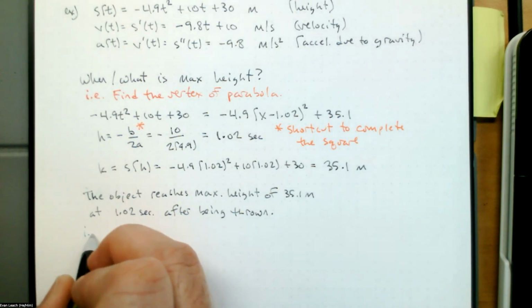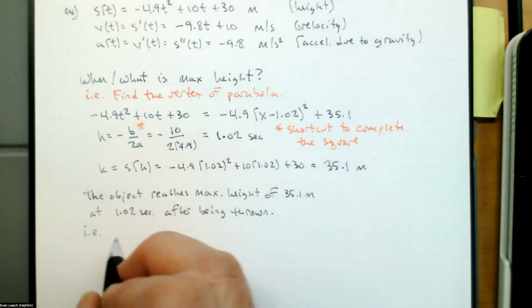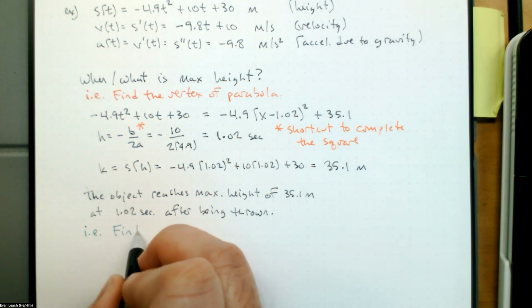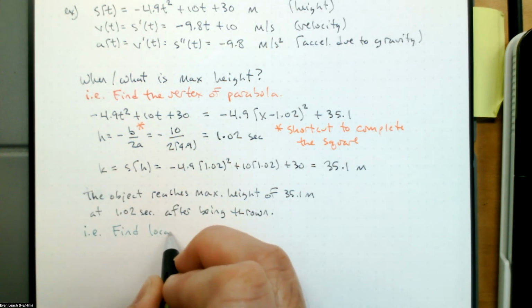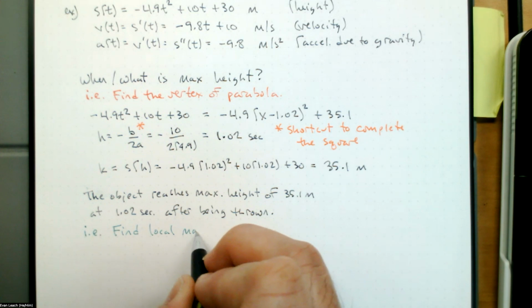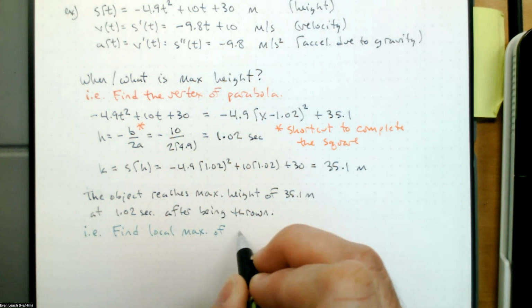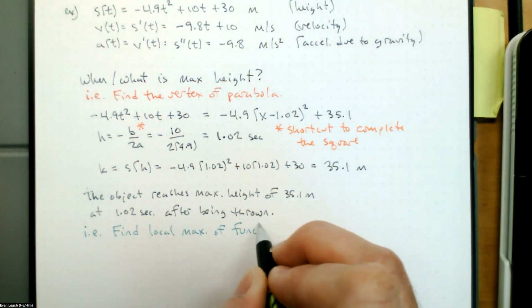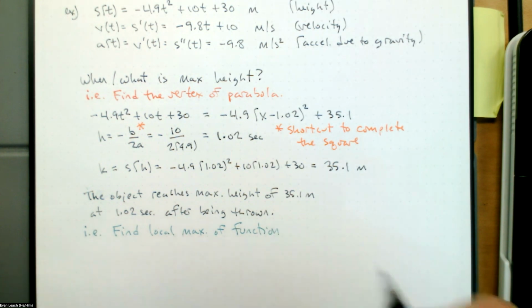So another way to think about this question is to think about finding a local maximum or a global maximum of the function. And that is taking the derivative, setting it equal to 0, and solving.